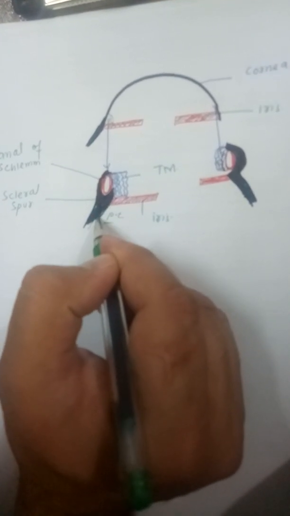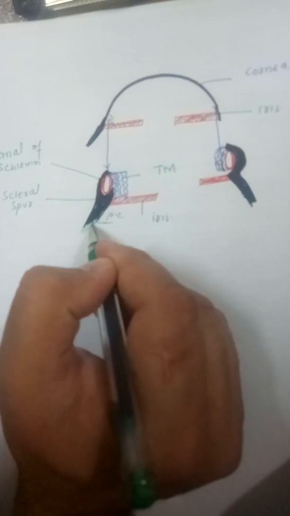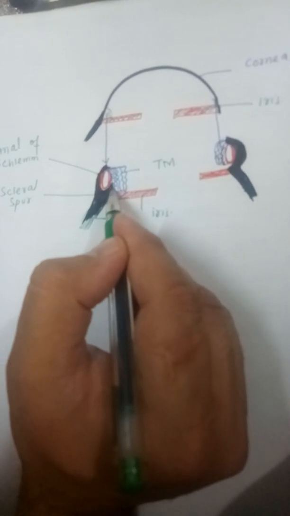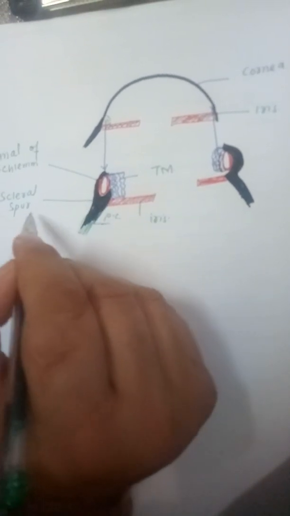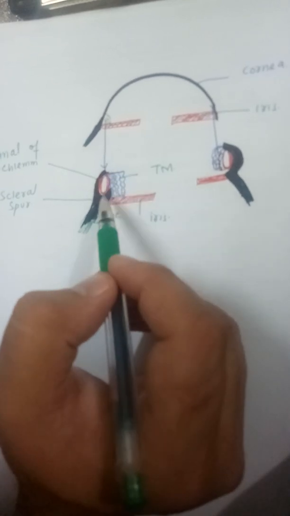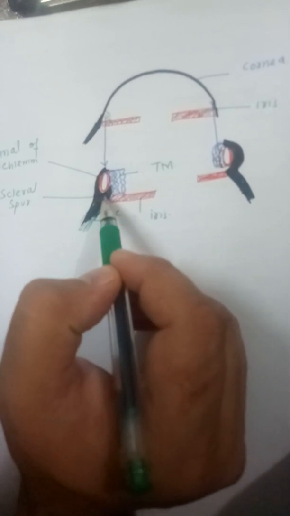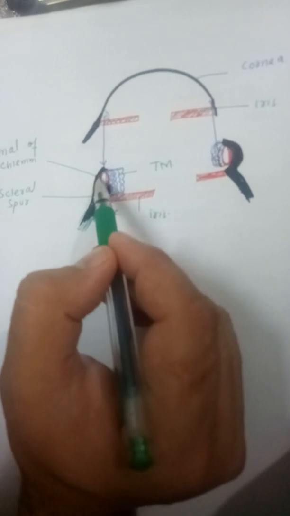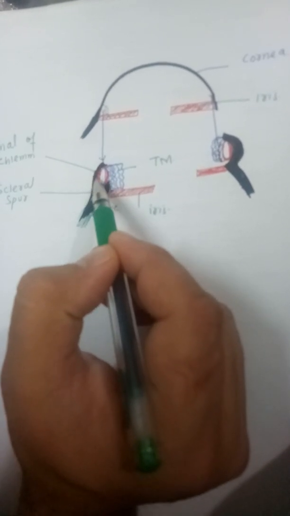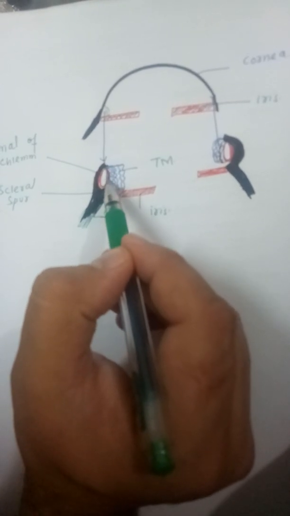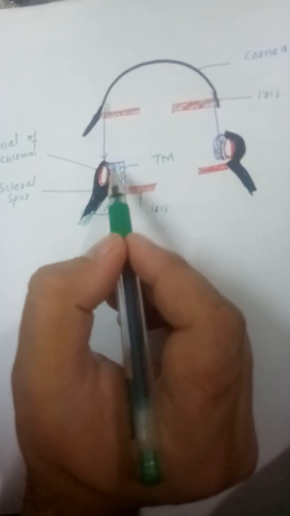This is the longitudinal fiber of the ciliary body, and you can say this is the whole ciliary body area, and this pointed area is called the scleral spur. This area anterior to the scleral spur, in this groove-like structure, is called the internal scleral sulcus, and inside this internal scleral sulcus is the canal of Schlemm.